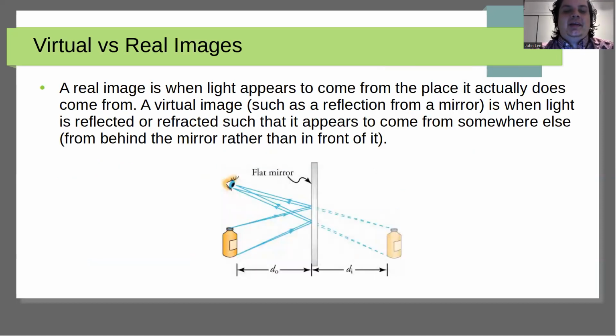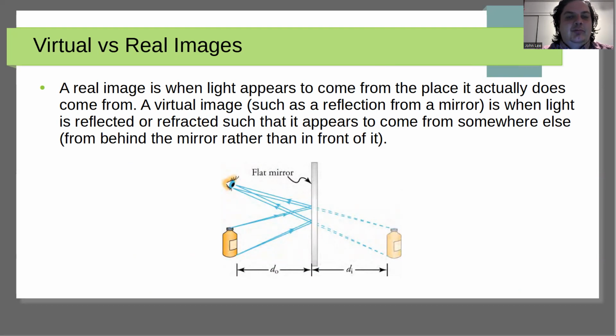Another thing that we want to define is a real versus virtual image. A real image is an image where light appears to come from a place where it actually passed through, while a virtual image, such as a reflection from a mirror, is when light is reflected or refracted, and we're going to get into what refraction is in just a moment, in such a way that it appears to come from somewhere else.